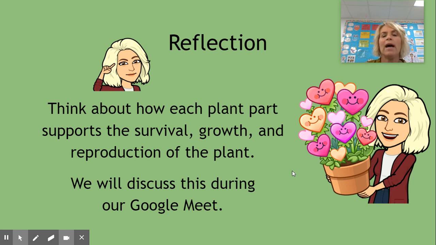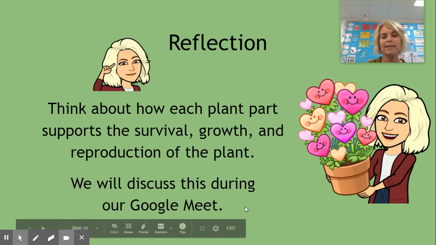I want you to think about how each plant part supports the survival, the growth, and reproduction of the plant. So when we come to our Google Meet, I want you to be prepared to share how the roots, the stem, the leaves, the seed, and the flower support the survival of the plant, its growing, and making more. And that's what we will discuss during our Google Meet today. After the Google Meet, we'll take the assessment plant parts. See you at our Google Meet.